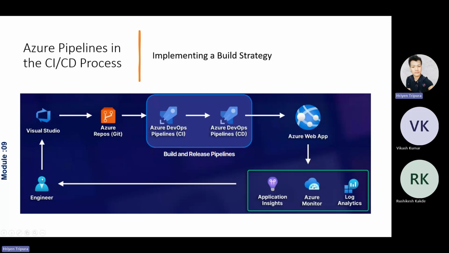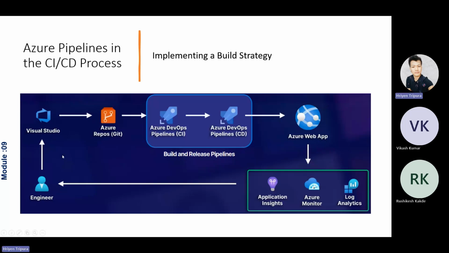One person, as a developer or engineer, is sitting in a local system, using Visual Studio or something similar, working with code, using Git. In Azure's case, it's Azure Repos. Both are the same: when I say Git, it means the same as Azure Repos.